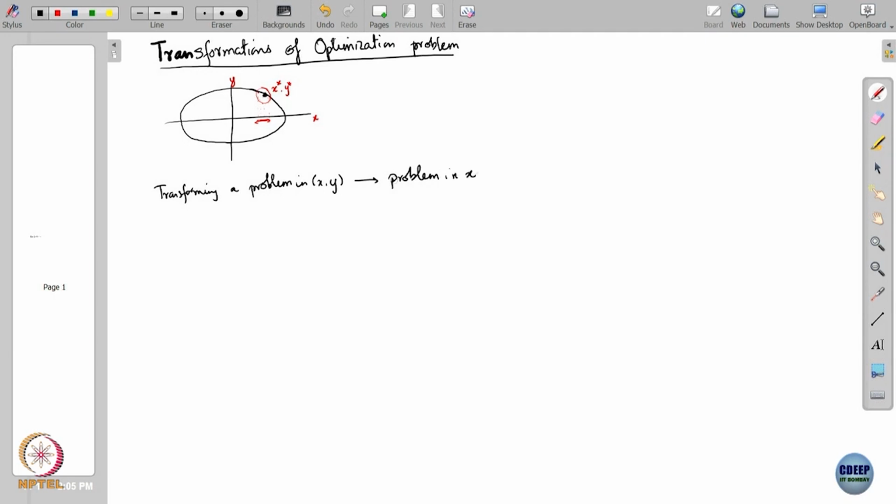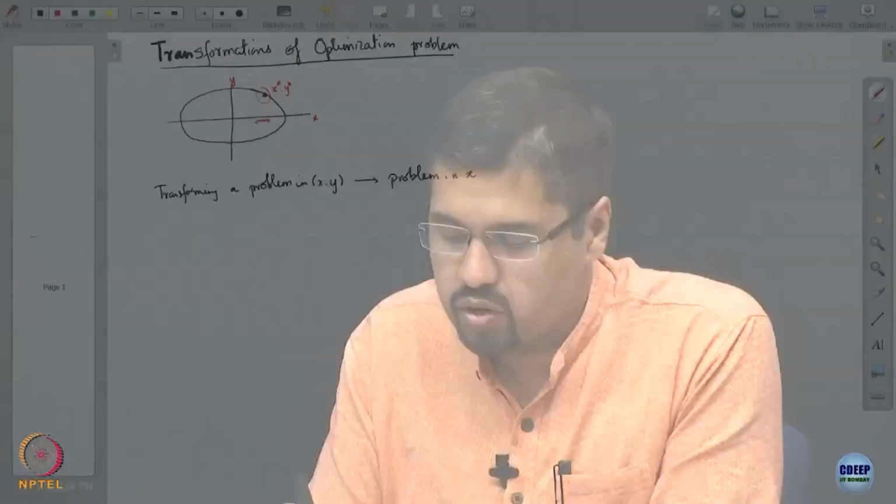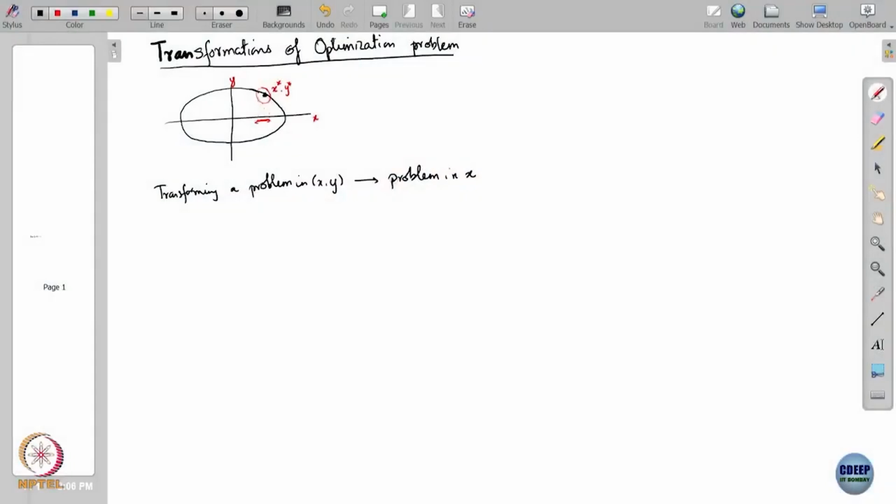Now, this is a very sophisticated transformation and it was effected by the use of the implicit function theorem. Because of the limitations of the implicit function theorem, we can only say that it holds in this neighborhood. So, it was a locally valid transformation.